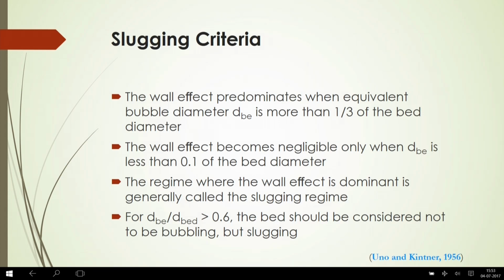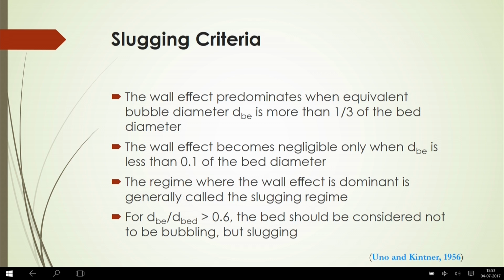And also very interesting, the wall effect becomes negligible when this equivalent bubble diameter is less than 0.1, that is 10% of the bed diameter. What does it mean? There will be some frictional effect between the bubble surface and the wall. So, this wall effect becomes negligible if the equivalent bubble diameter is 10% of the bed diameter.